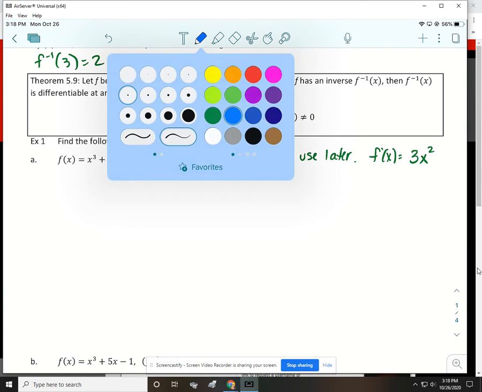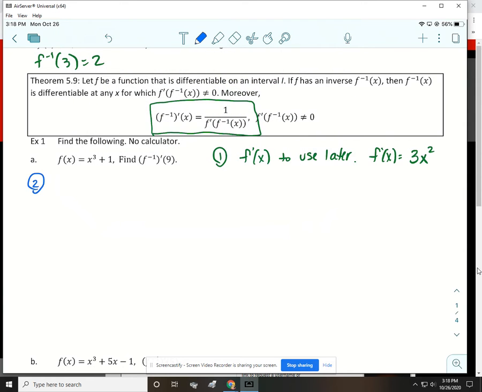Okay, the second thing we're going to do is figure out when f of x equals 9, whatever number is here. So we're going to find when f of x equals 9. And to do that, we'll just set it equal to 9 and solve it. So sometimes this is a little more complicated. In this case, it's not too bad.